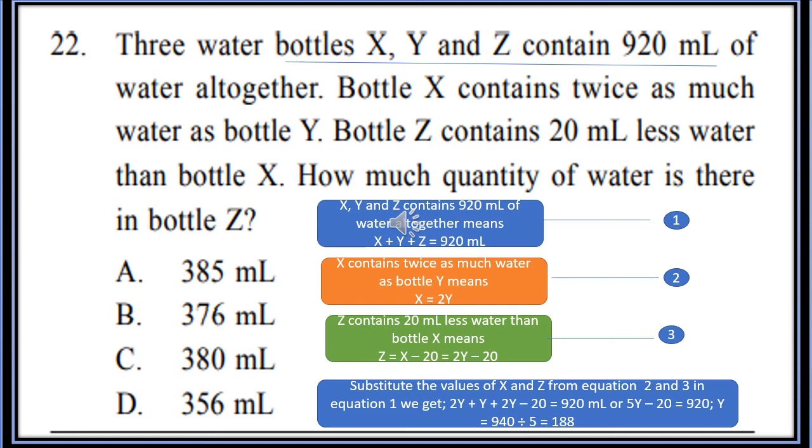So here we get the value of Y. Now X is 2Y, so find out X, then Z is X minus 20. So substitute the value of X in the third equation, you will get Z.